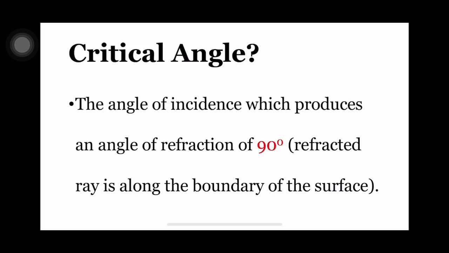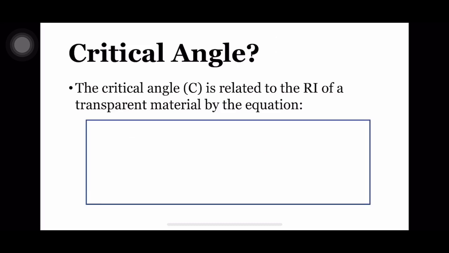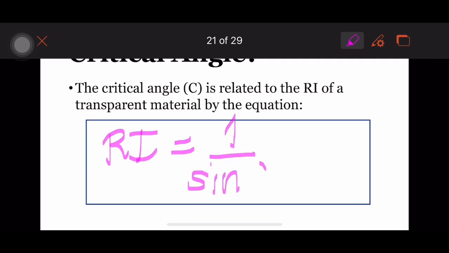The critical angle differs from one material to another. It is specific to that kind of material, and it will never change in any kind of situation. The critical angle, denoted by the capital letter C, is related to the refractive index of a transparent material by the equation: Ri is equal to 1 divided by sine of the critical angle.